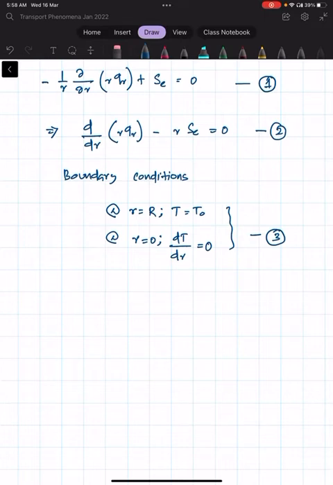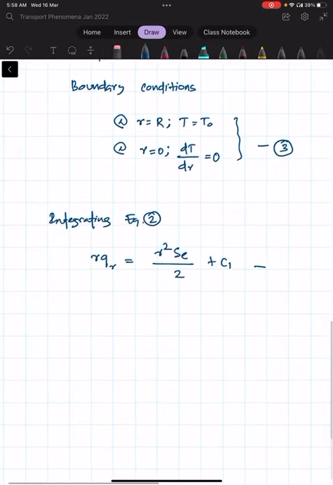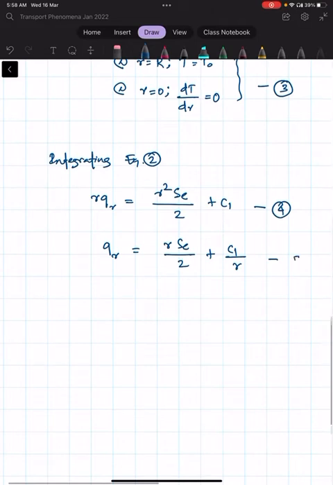If I integrate equation number 2, we get R QR equals R square SC divided by 2 plus C1, as equation number 4, and QR looks like R SE by 2 plus C1 by R, equation number 5.